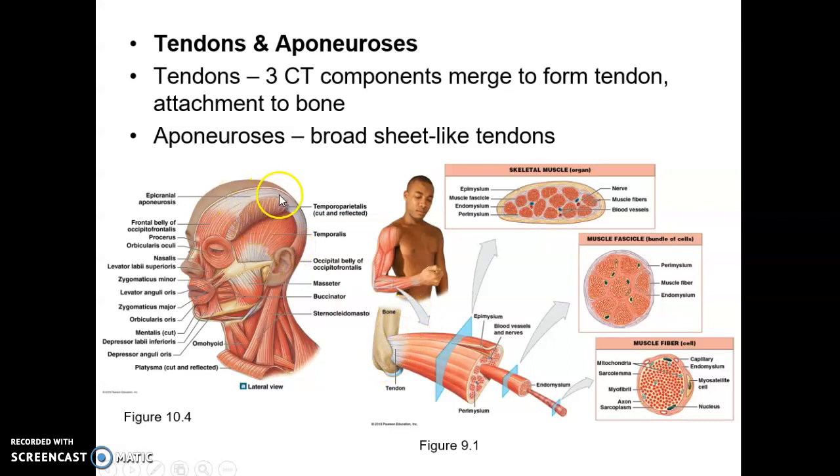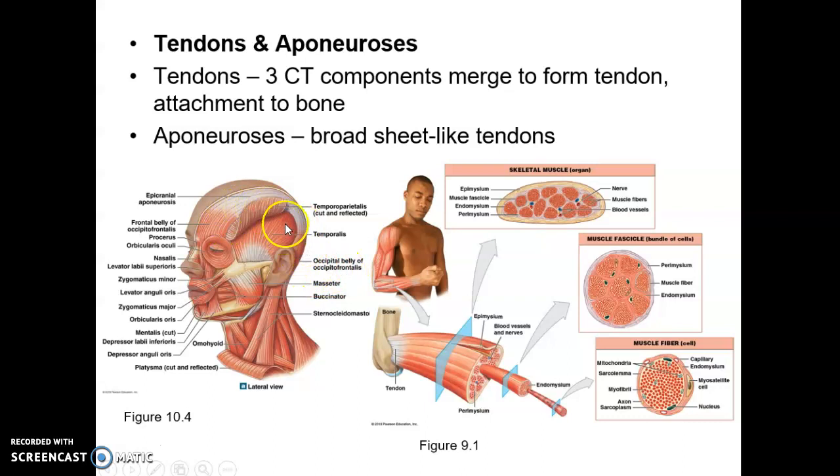We have one on the top of our head called the epicranial aponeurosis. It's a flat sheet-like tendon that attaches what's usually called the frontalis and the occipitalis. Here it's also called the frontal belly of the occipitofrontalis, and that aponeurosis attaches it to the occipital belly of the occipitofrontalis.